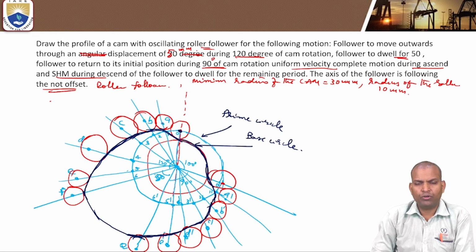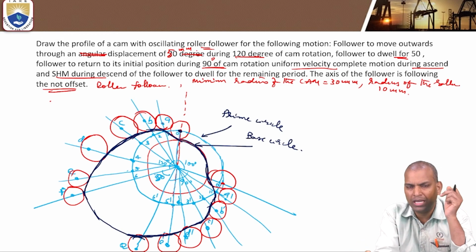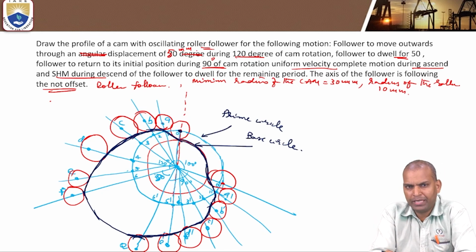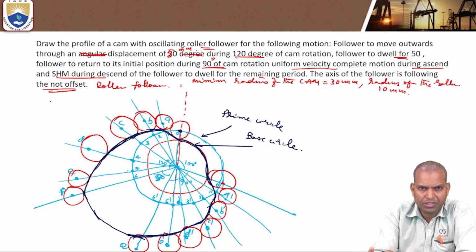The definition of a lower pair is that the contact between two elements is either area contact or surface contact. Those pairs come under the category of lower pair. For a lower pair it is area or surface contact, that's why the coefficient of friction is high. So for smooth running motion and for transmitting purposes, these higher pairs are used.